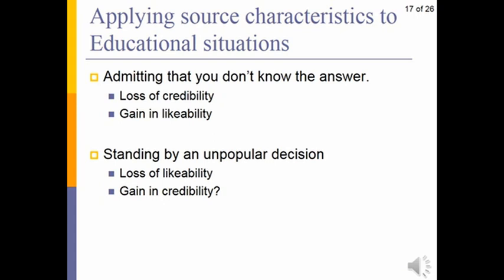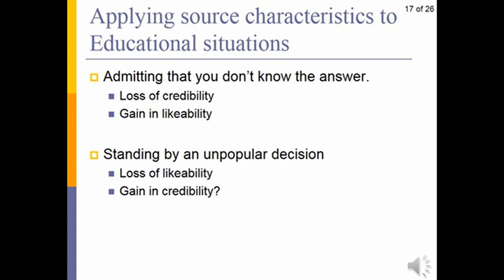Well, I suppose it might be an argument in favour of maintaining your authority, your image of expertise in front of your students, since that's going to affect how persuasive you are. If they don't see you as an expert, then you're going to be less persuasive, less effective as an educator.